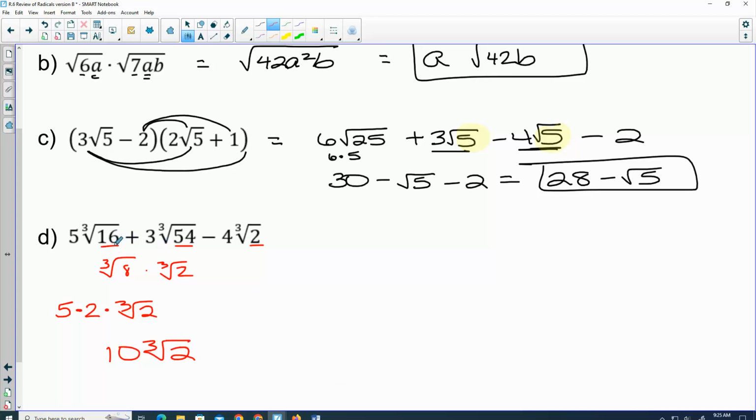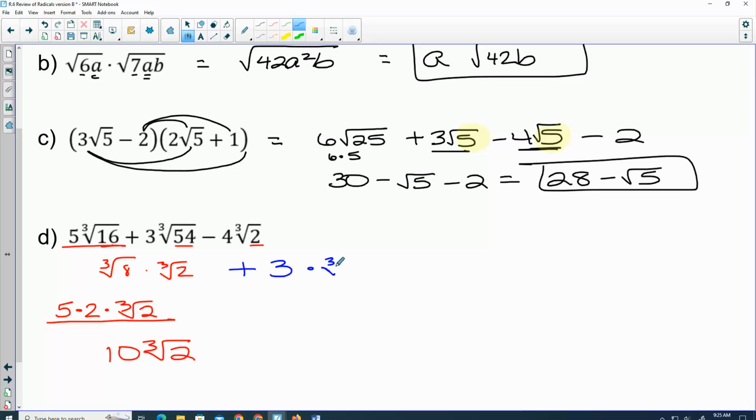So we said 16 is cube root of 8 times cube root of 2. Cube root of 8 is 2. All of that was multiplied together. So when you multiply the 5 and 2, you get 10.